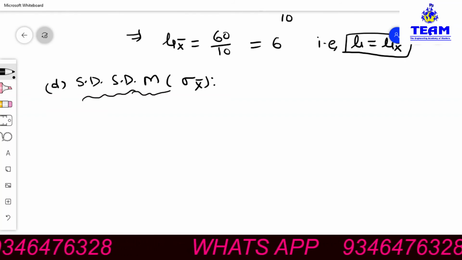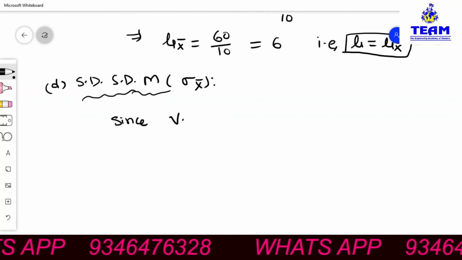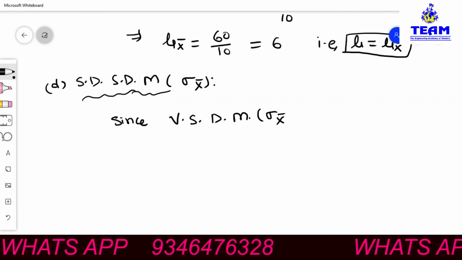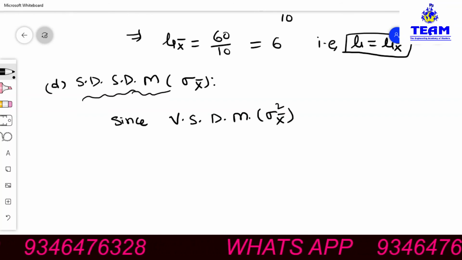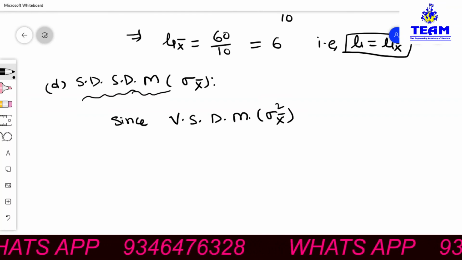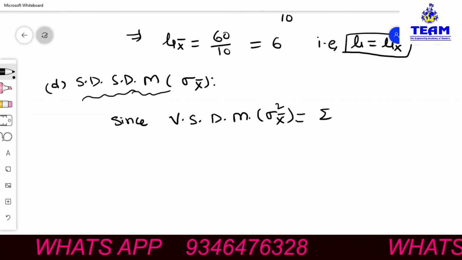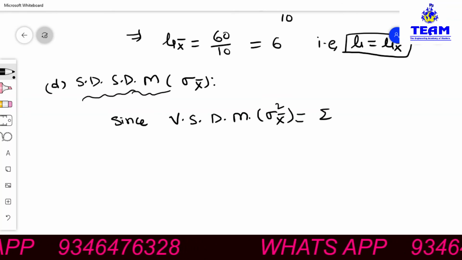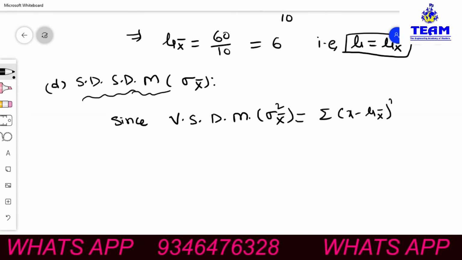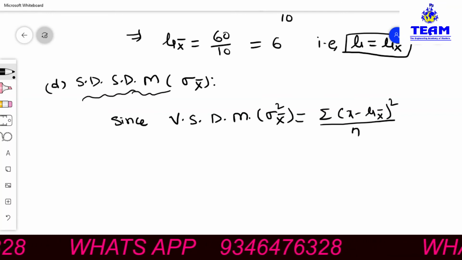Already we know VSDM, the variance of the sampling distribution of means, represented with sigma square x bar, which can be calculated in a similar way as in the above problem: sigma of x minus mu x bar whole square by the number of samples 10.